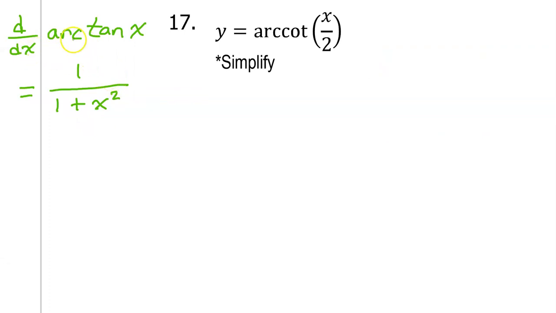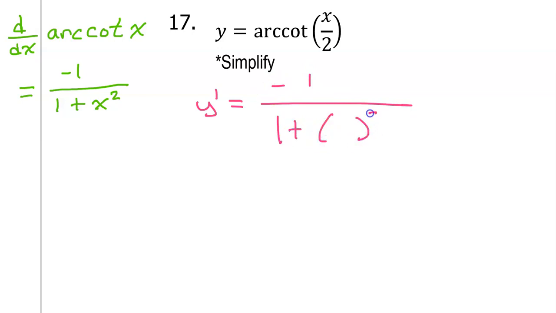Remember how the derivative of arctangent x is 1 over 1 plus x squared? Guess what the derivative of arccotangent x is? You guessed it, the same thing but with a negative 1. So let's go ahead and do this chain rule real quick. We will have y prime equals, and here comes the rule. So we have negative 1 over 1 plus something squared.